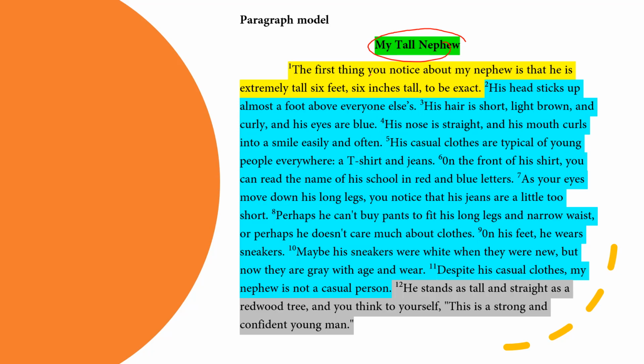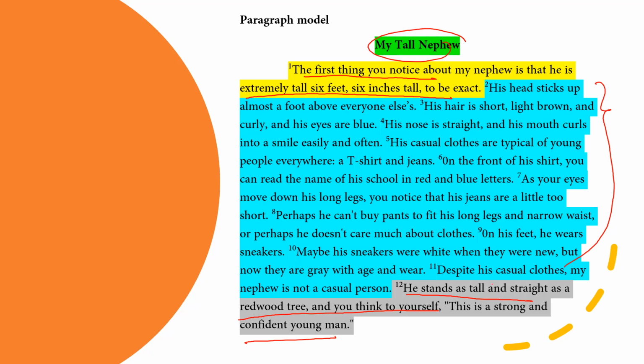And then the sentence in yellow color is the topic sentence: the first thing you notice about my nephew is that he is extremely tall, 6 feet, 6 inches tall to be exact. And then the sentences in blue color are the supporting sentences, which are followed by a concluding sentence.